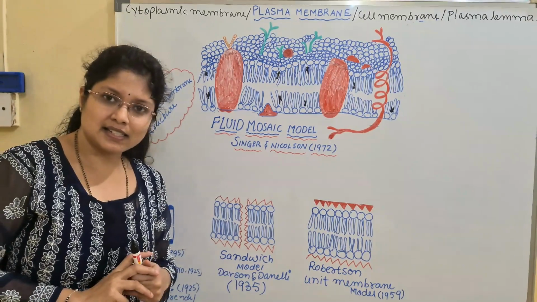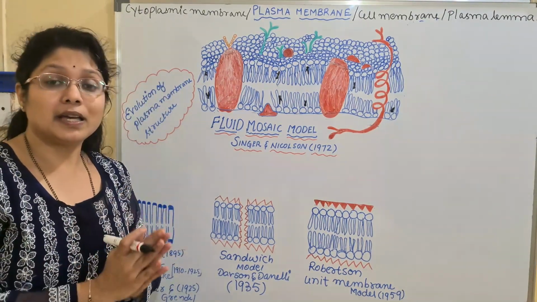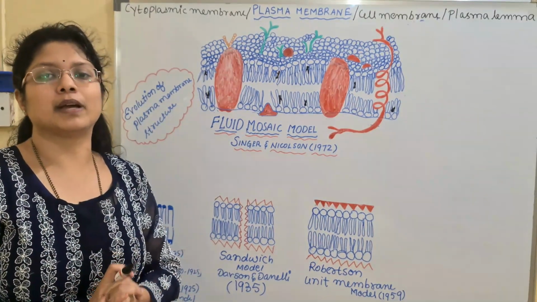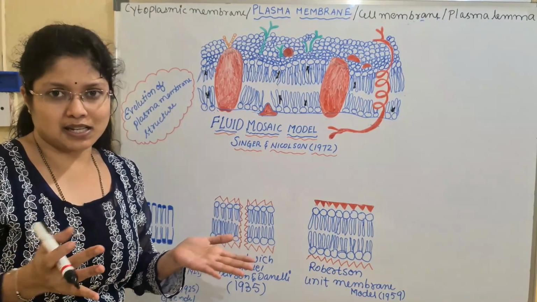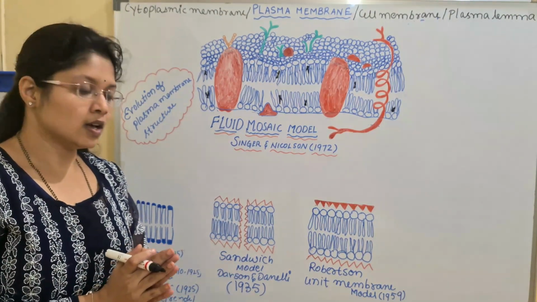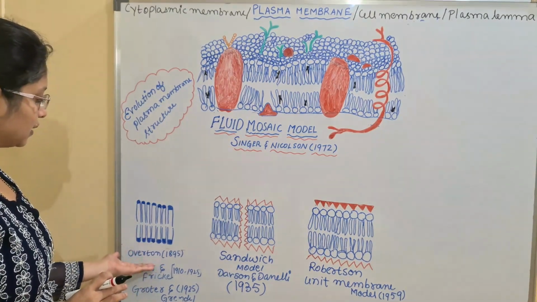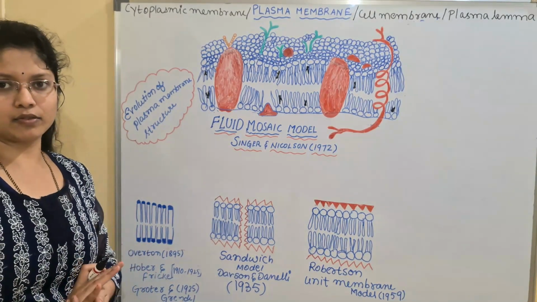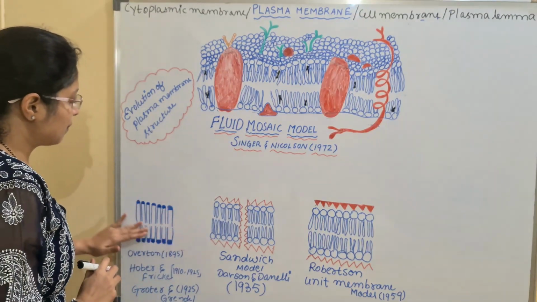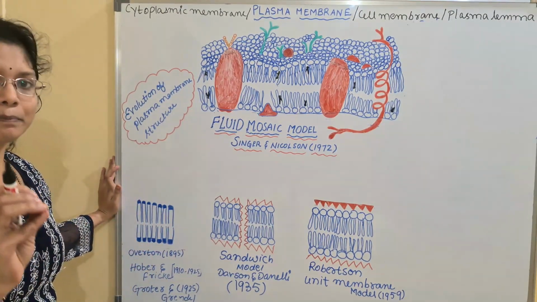And finally he suggested that maybe this plasma membrane is made up of fat-like substances, that are lipids. Okay, so this is the first postulate given by Overton in 1895. He told that the plasma membrane is made up of lipids.